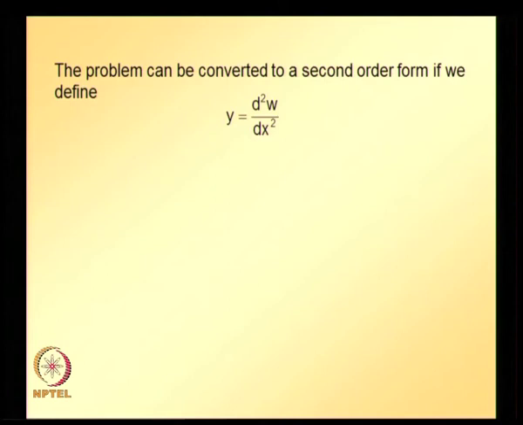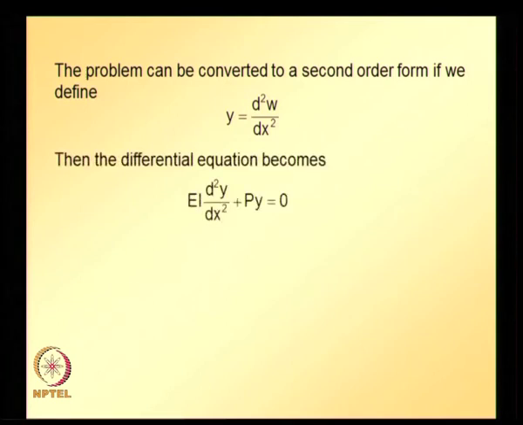The problem can be converted into second order form if we define y equal to the second derivative of w with respect to x square. So then the differential equation for this particular problem becomes this one after making the substitution, and we can make a comparison of this with the general one dimensional boundary value problem because both are second order differential equations.